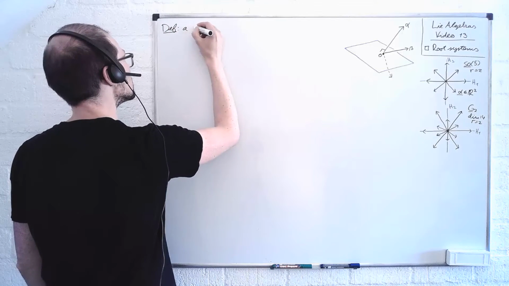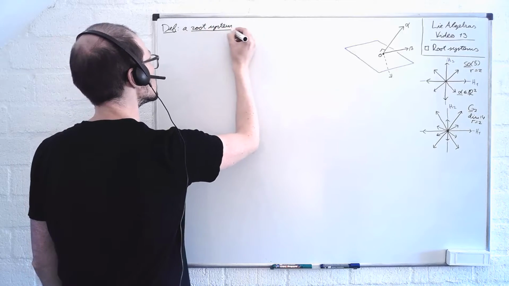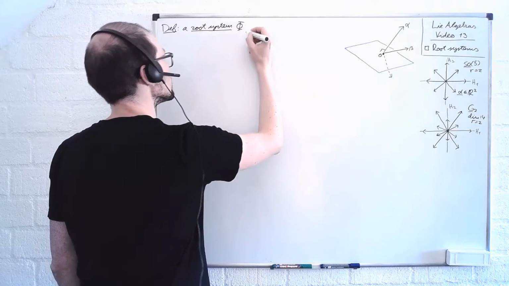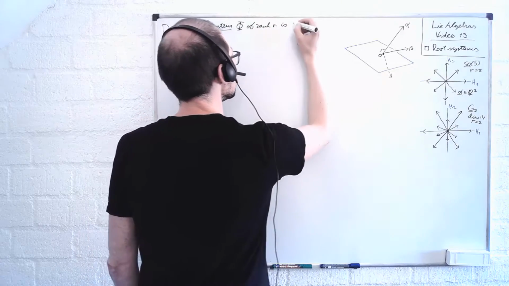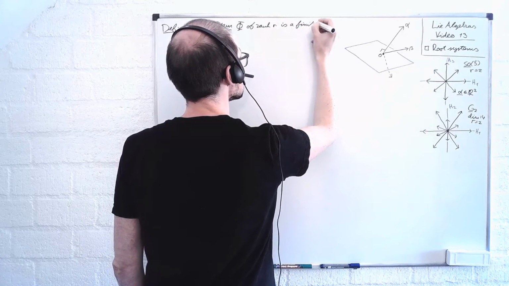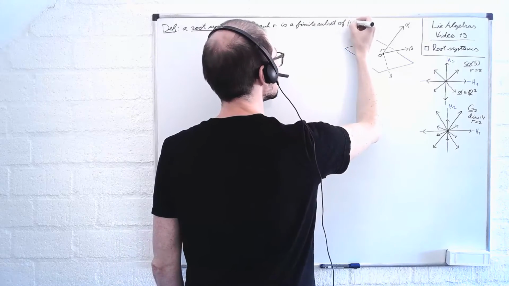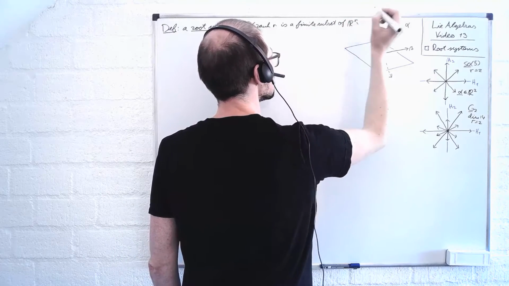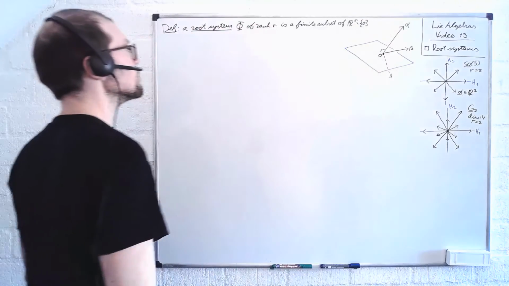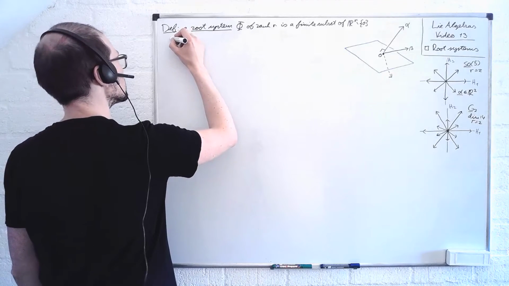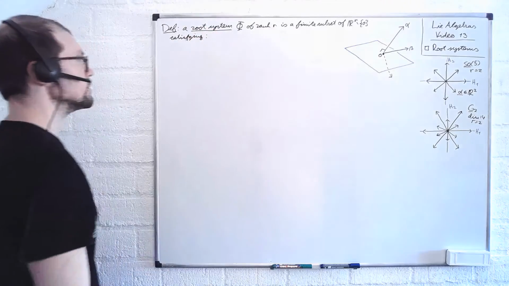Definition: a root system phi of rank R is a finite subset of the R-dimensional real space, except for the origin, satisfying the following properties, which are really quite stringent.